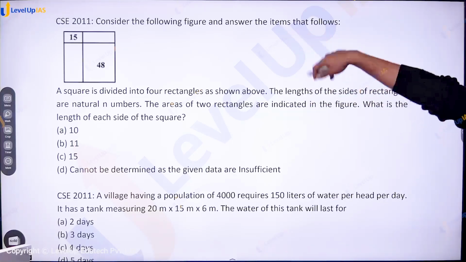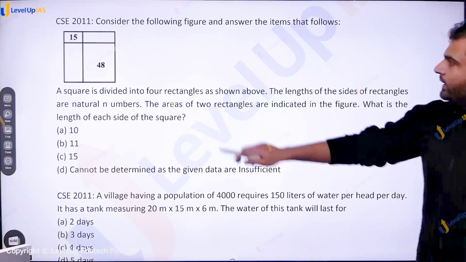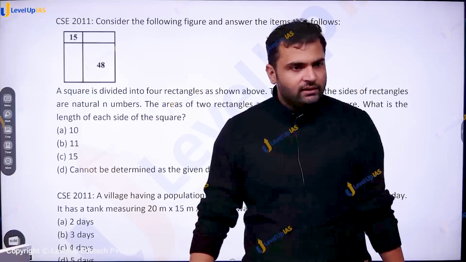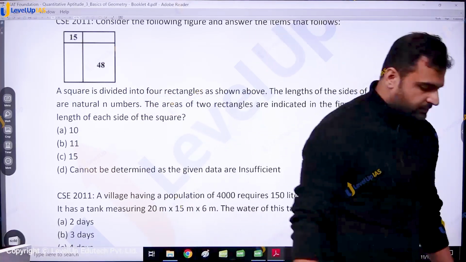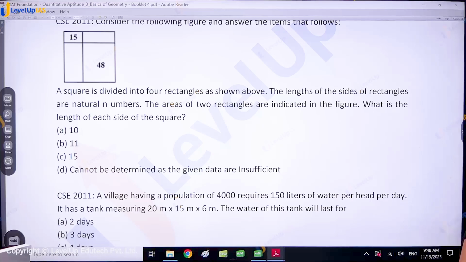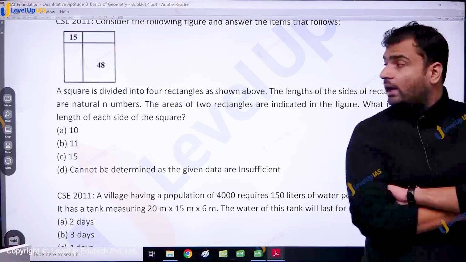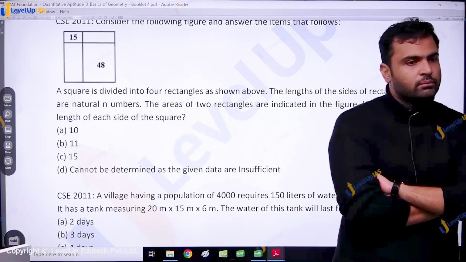The larger figure is a square, that is given. The entire thing is a square and these smaller figures are rectangles, and you are given the area of two of these rectangles. And you know, also given, that the sides of the rectangles are natural numbers, that is important.